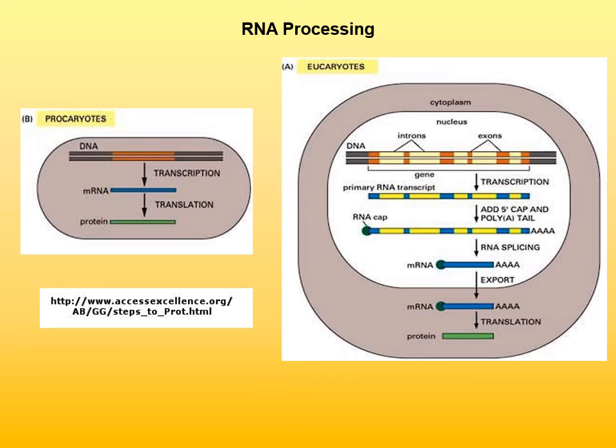First, it includes addition of a 5' cap structure, which protects 5' end from 5' exonuclease. At 3' end, a sequence AAUAAA is the signal for a protein complex to cleave the transcript. So that causes termination of the transcription and attaches a protective polyadenyl tail of about 200 adenyl residues.